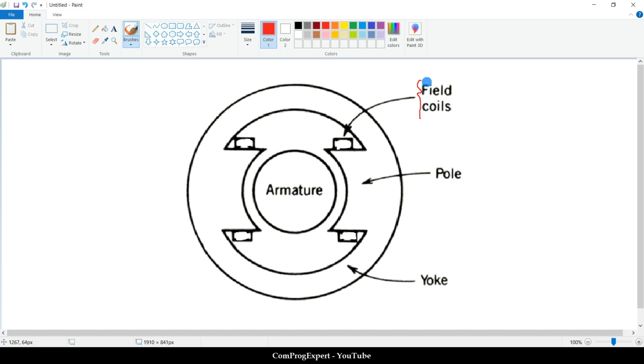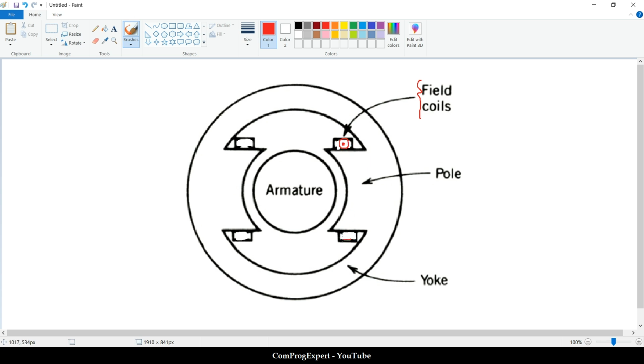These two coils are used to magnetize the structure, to magnetize the generator. So let's consider that the current in this coil region is out of the paper.